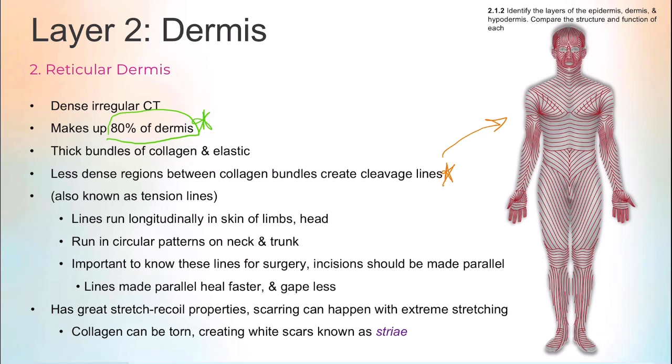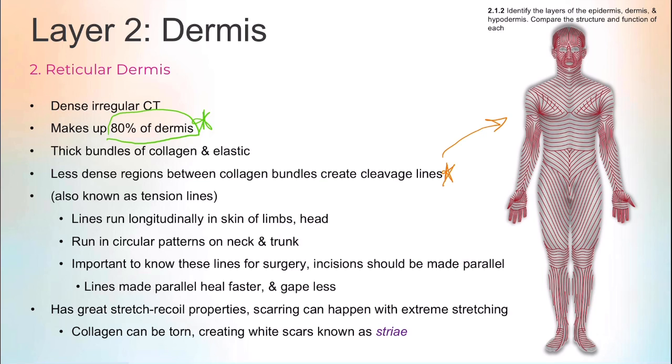So when we are looking into things such as surgery, there are certain ways that people want to cut the skin to ensure that we are going to have minimal scarring, or we are going to have the least amount of fibrosis occur, especially if somebody is prone to developing things such as keloids, where they may have had surgery and we have an excess production of that scar tissue.